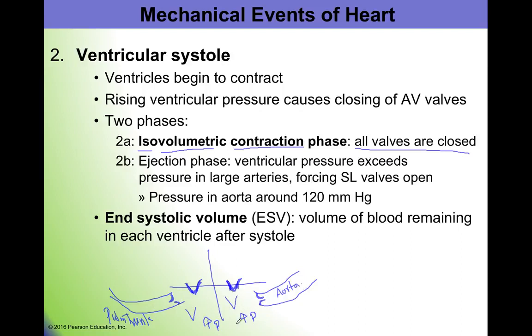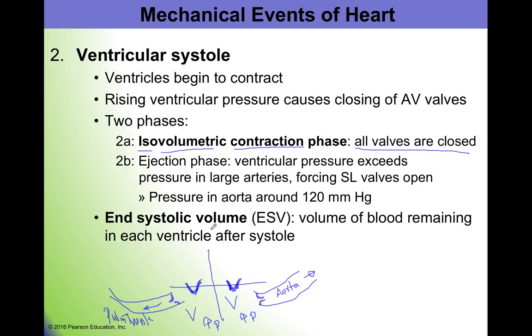The buildup of pressure in the ventricles is now going to open up your semilunar valve right here and right here, and allow the blood to go through the pulmonary trunk and through your aorta. Typically, this pressure in the aorta is about 120 millimeters of mercury. That represents your normal systolic blood pressure.